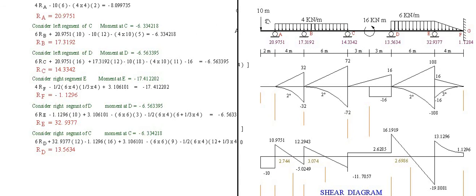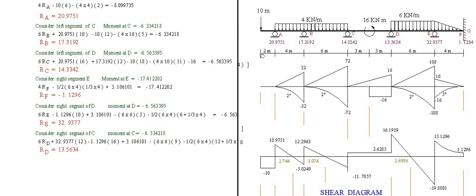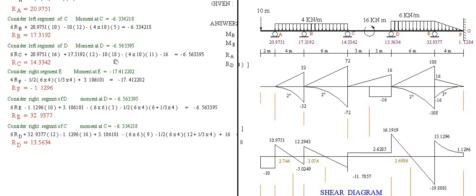Minus the concentrated load of 10 times, this is 6 and 6 or 18. Then uniform load 4 times 10 times the center of this 10 is 5, so 5 plus 6 is 11. Centroid of the uniform load 11.